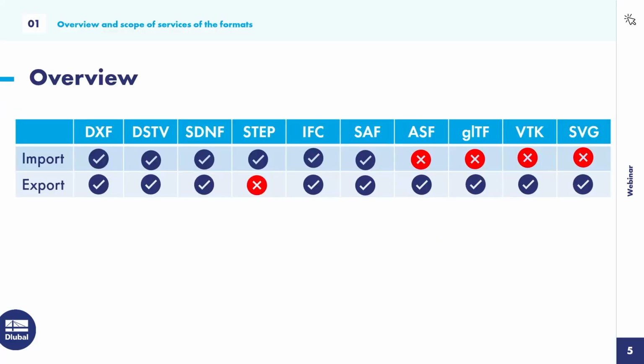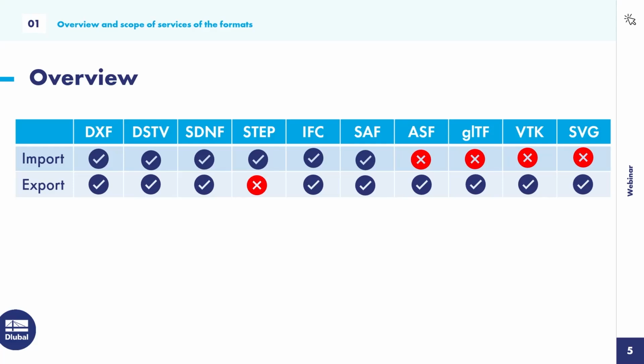So let's get started with a little overview about the formats that I want to present today and the import and export capability. You can see here the DXF, DSTV, SDNF, STEP, and IFC interface, or format actually. I think rather well-known formats.